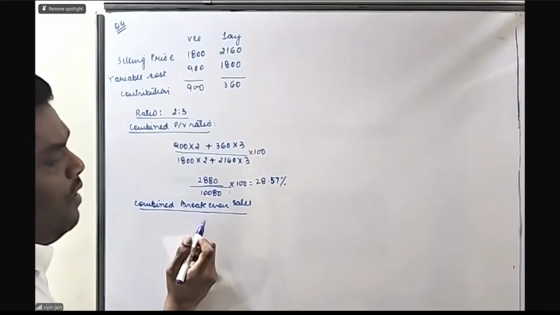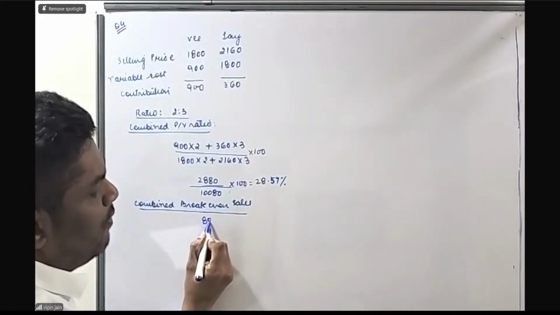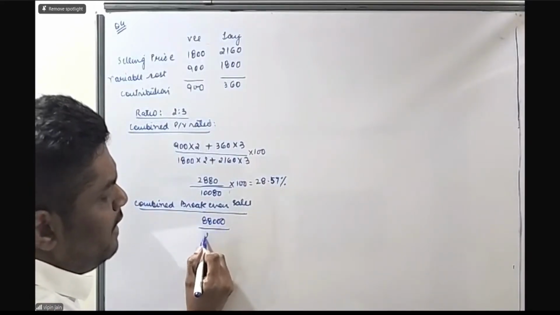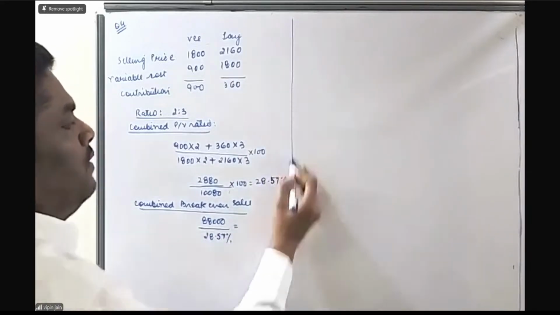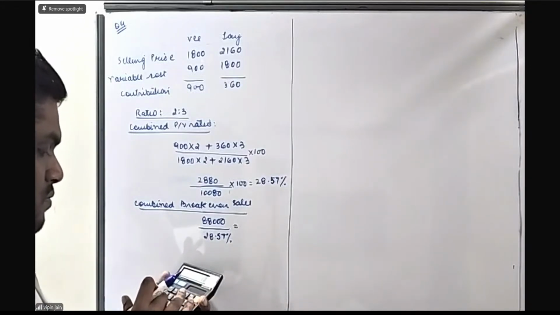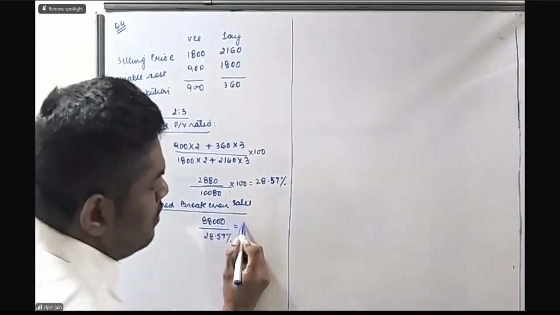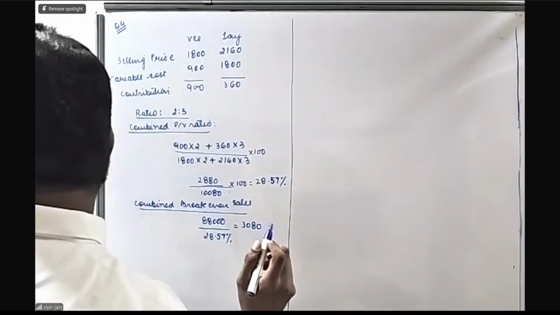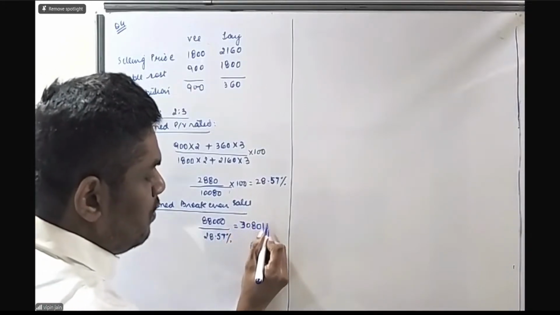My combined fixed cost is 88,000 divided by my combined PV ratio, that is 28.57%, which gives $308,015.